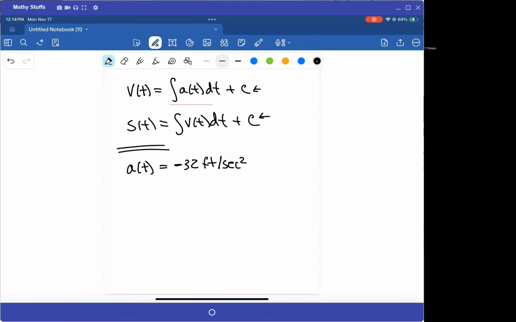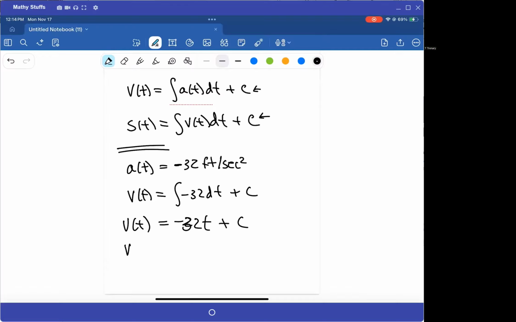From there, v of t is the antiderivative of negative 32 with respect to t, plus c. When we work that through, we just get negative 32t plus c, and that's our velocity at any particular time.